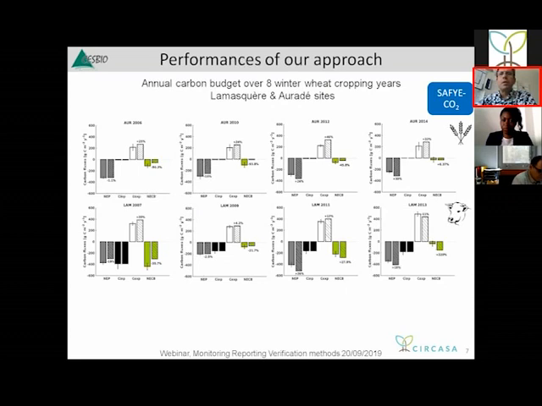Here on this slide, you can see the plain bars are the field observations, and the dashed bars are what is modeled by the SAFYE-CO. So I present here some calculations of the carbon budgets and the components of the carbon budget for 8 years of winter wheat at our two sites, Orade on the top and Lamaska on the bottom.